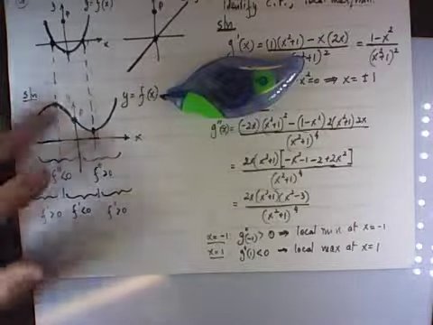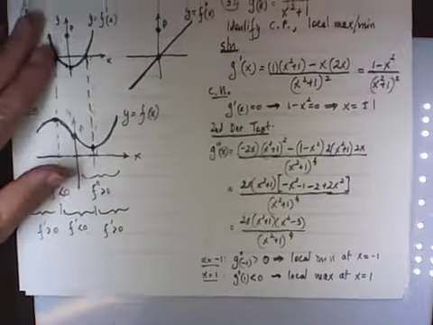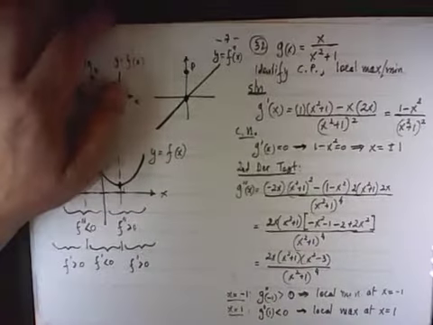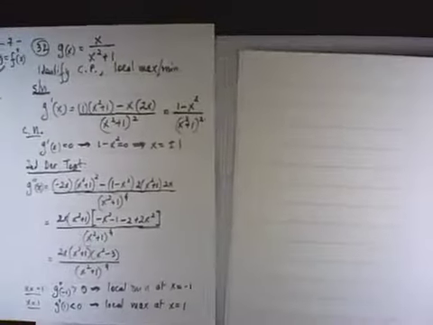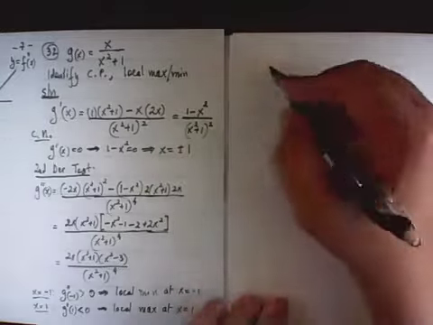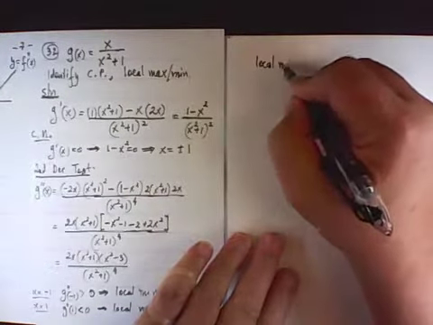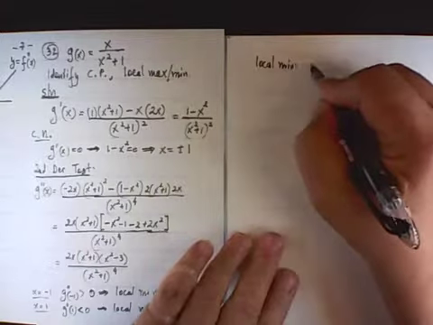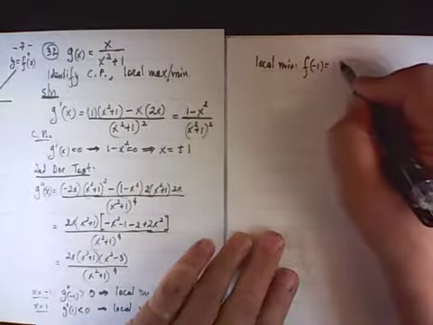And now you can verify it if you want by graphing it. Now, are we done here? Not really. We need to come up with the values. Unfortunately I ran out of room, so I need to go to the next page. The local minimum is f of -1, which is -1 divided by 2.